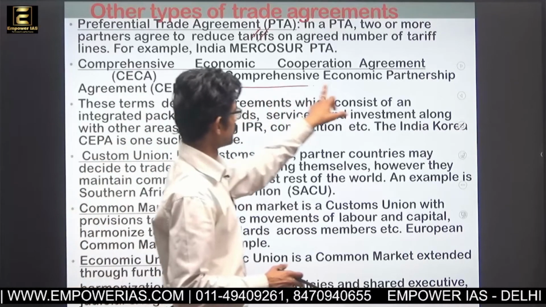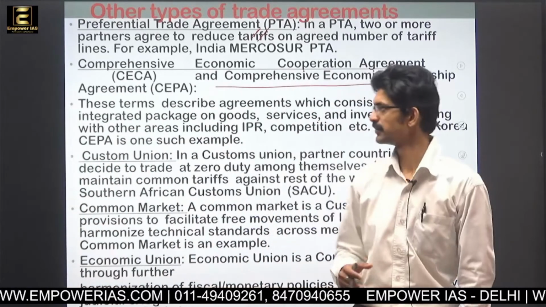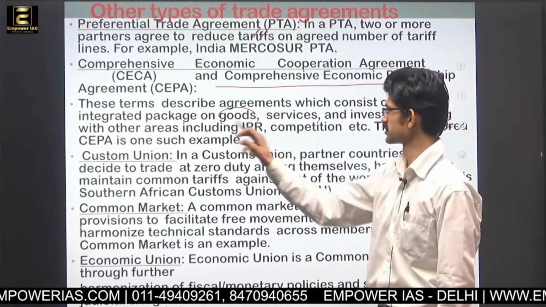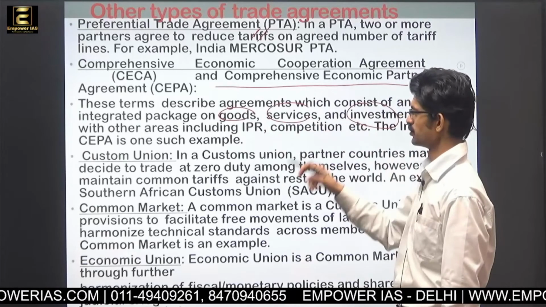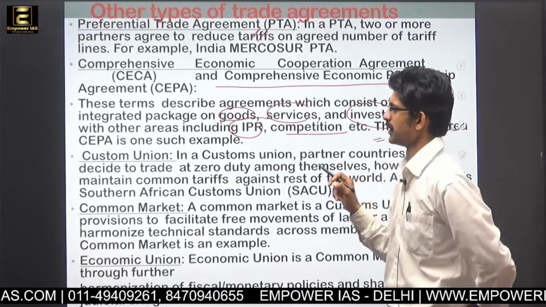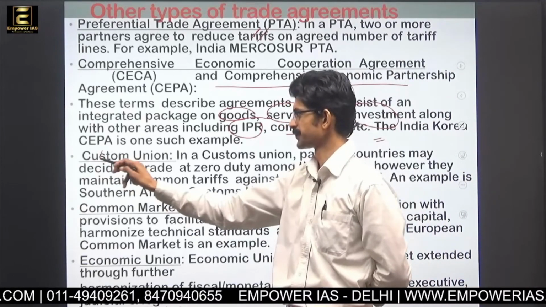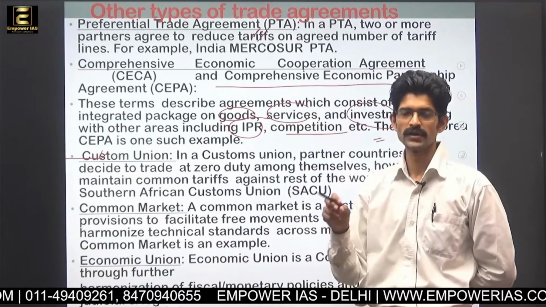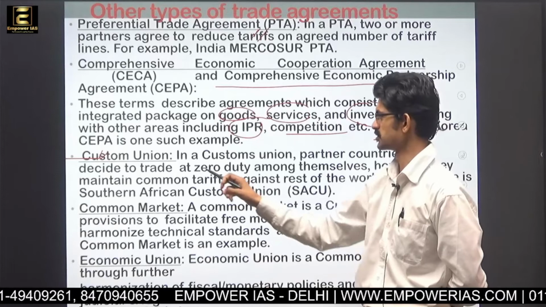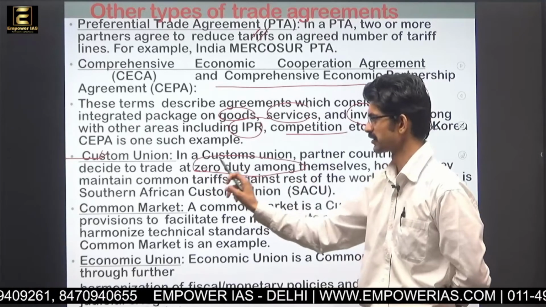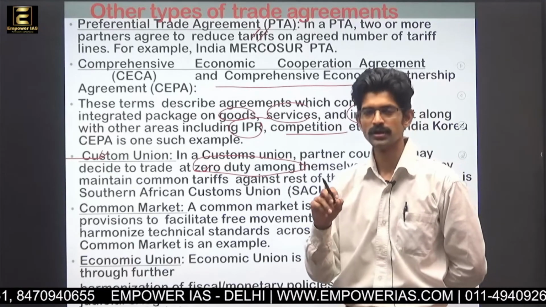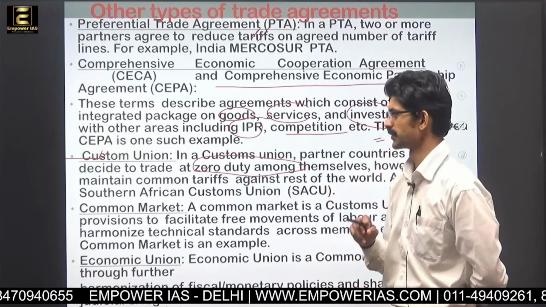So that is a part of the comprehensive economic partnership agreement, which goes on to describe a package of goods, services, investment modules, intellectual property rights, competition, etc. Now, what is a customs union? A customs union is a union of various countries in terms of industries and enterprises to have zero duty among themselves in trade. कोई भी country के साथ कोई भी trade deal हो रही है, then it will carry zero trade duty, शून्य दर पे ये लेन देन किया जाएगा.